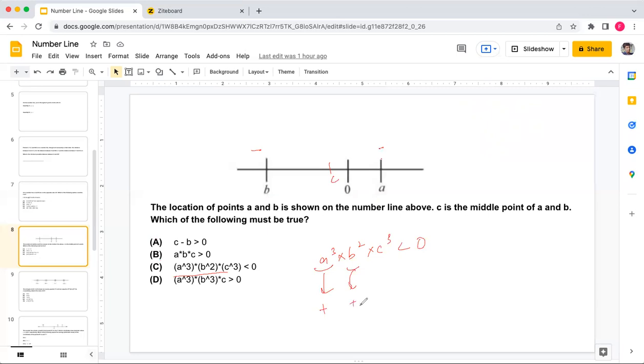This is positive. And what is C cube? That is negative. Got the point? Because C is a negative value, and the odd power of a negative value always results in a negative value. Both of these are positive, and this is a negative value, and their product is negative. So this is always true.